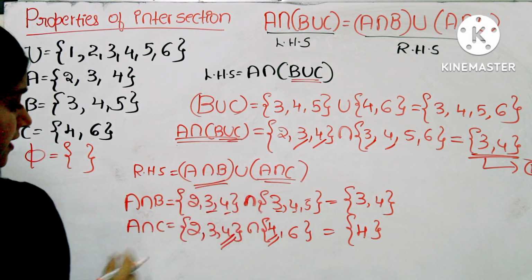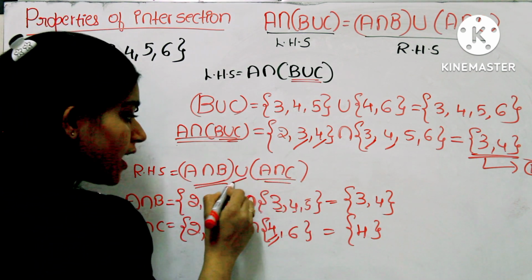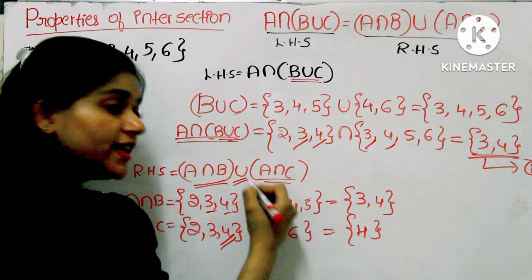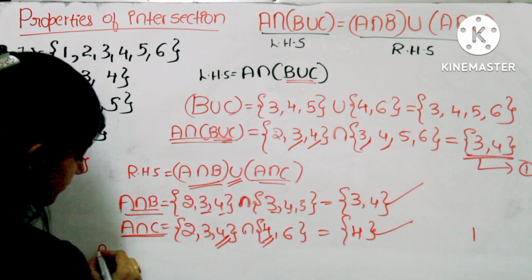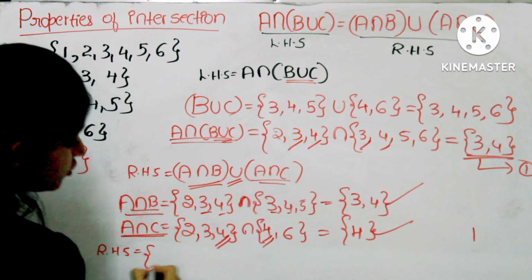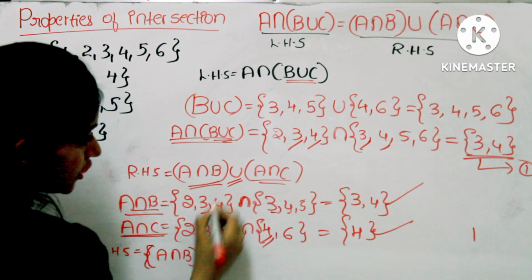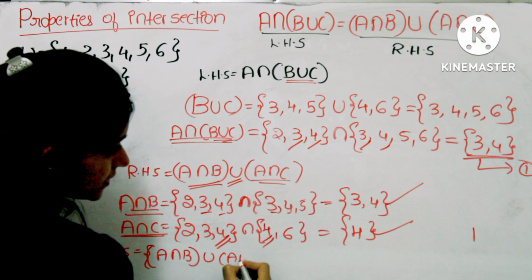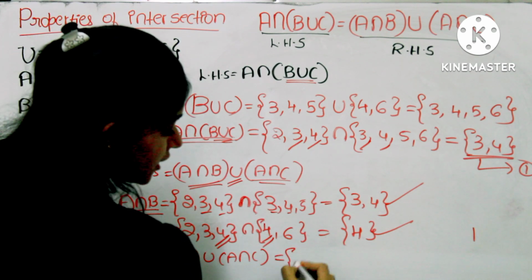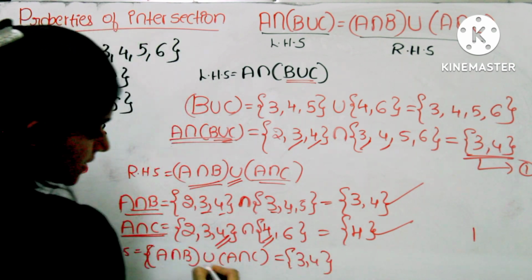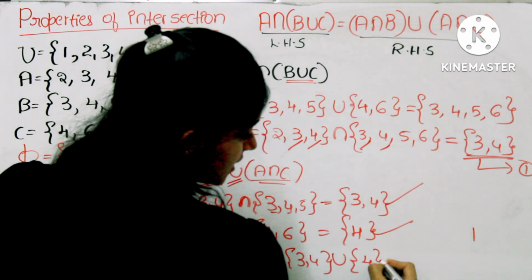Now at last, we have found A intersection B and A intersection C. Now we have to find A intersection B union A intersection C, because RHS is equal to A intersection B union A intersection C. A intersection B is 3, 4, union, and A intersection C is 4.